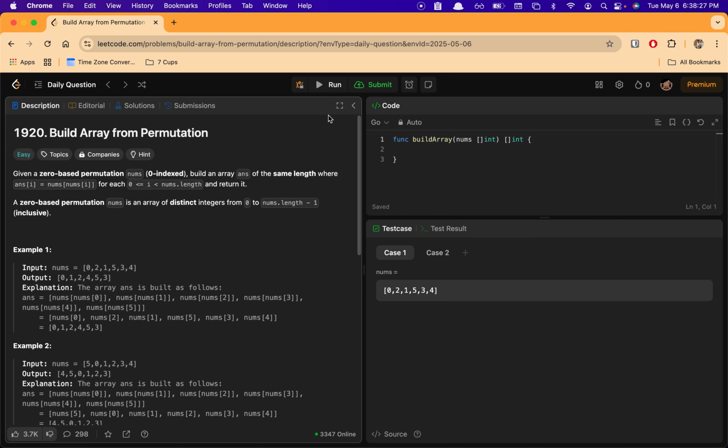Initially, you can just solve it using some space, I think. For example, I can just write ahead and say n := array of integers, with 0 and then the full size, nums.length, that's len of nums.